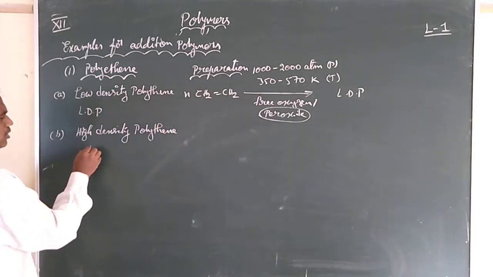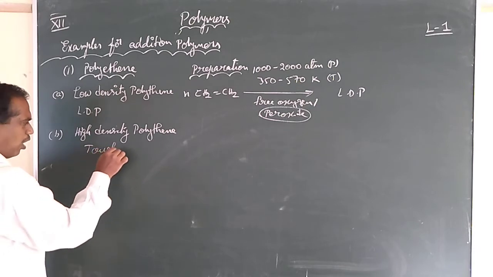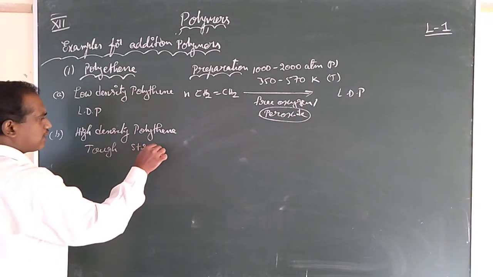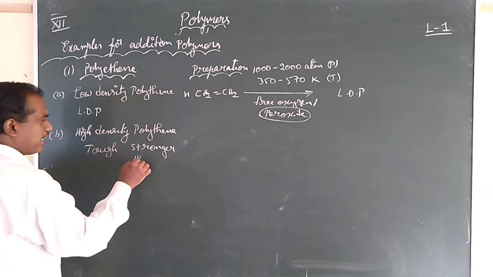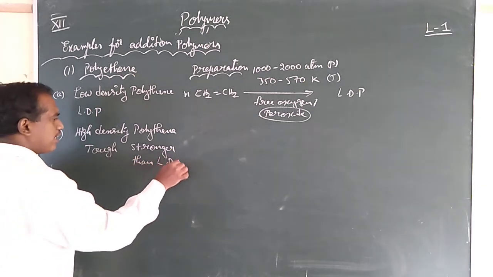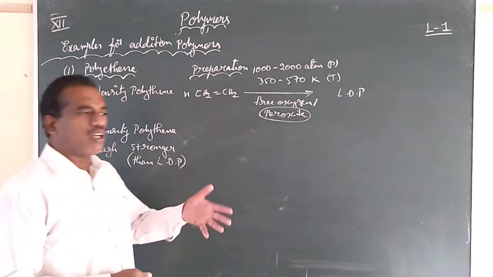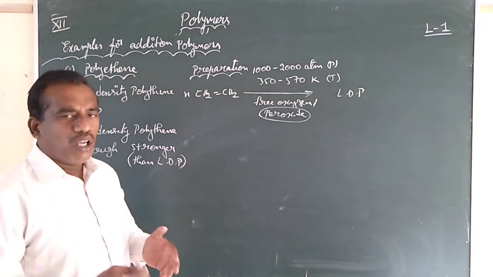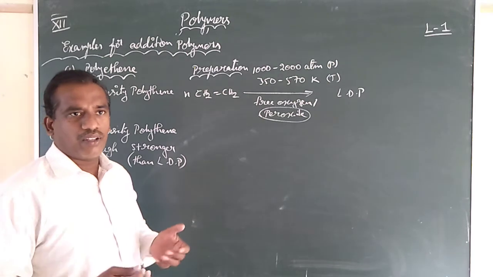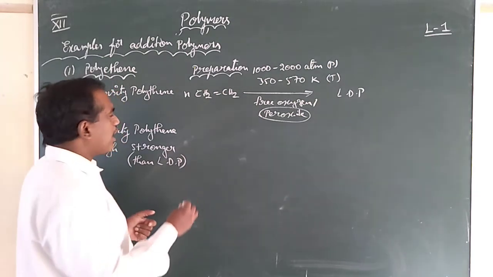It is somewhat tough, meaning stronger than low density polythene. It is used in manufacturing dustbins, and strong bottles too. Now, how is it formed?